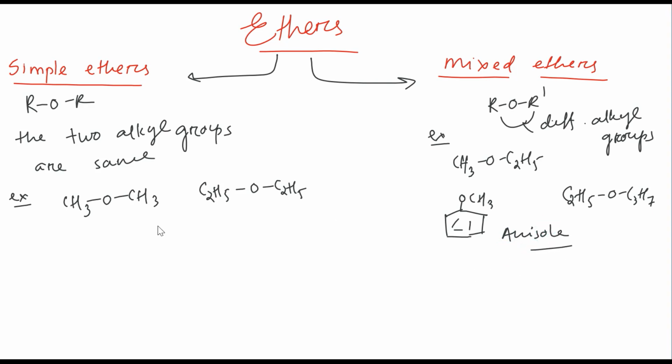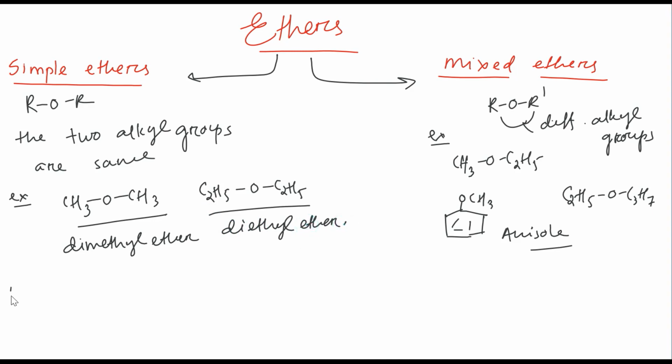Next we will see the common name. The common name for this one is dimethyl ether. Due to the presence of two methyl groups, it is named dimethyl ether, and this is known as diethyl ether.